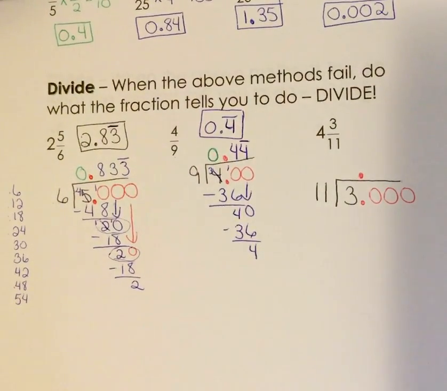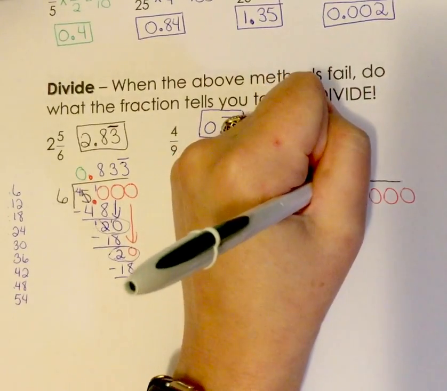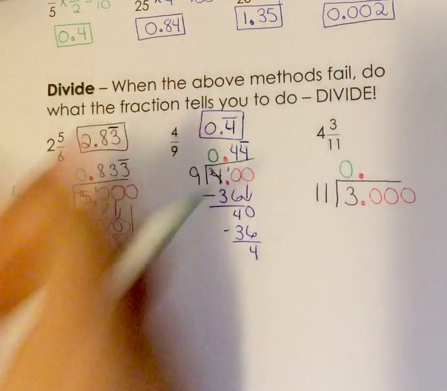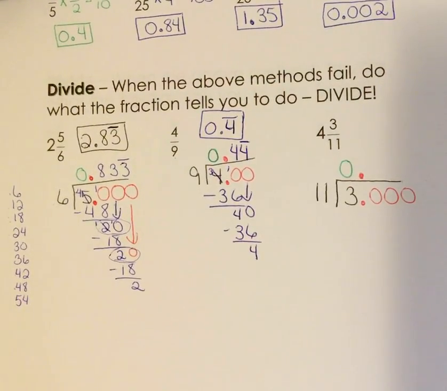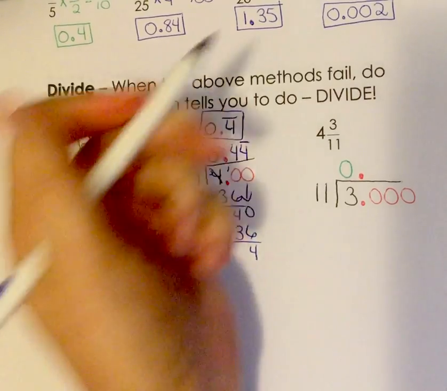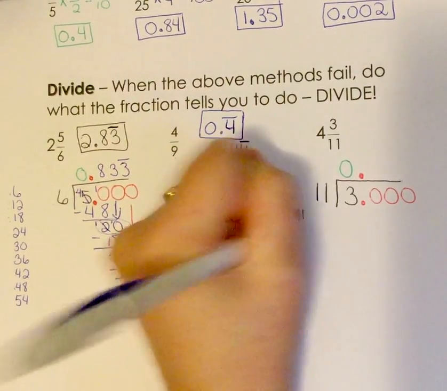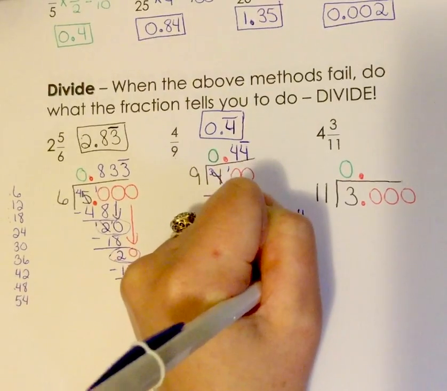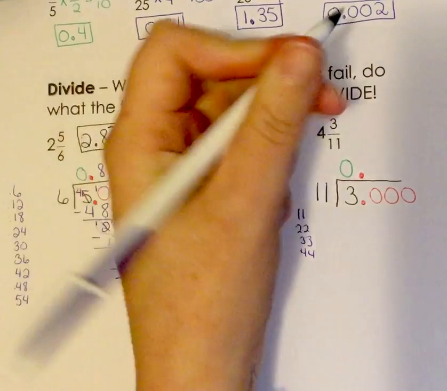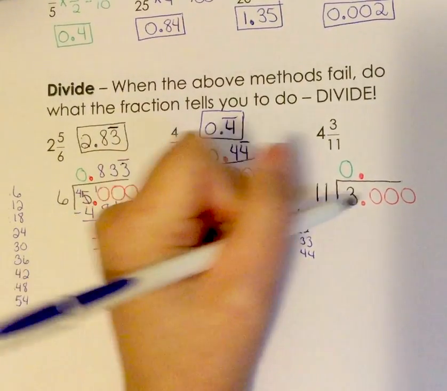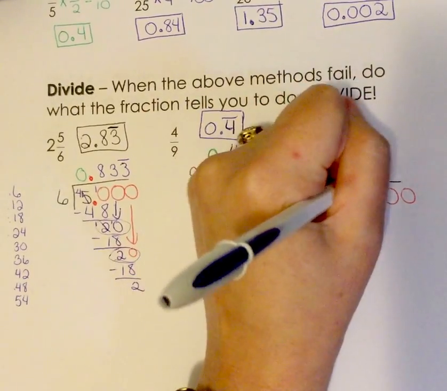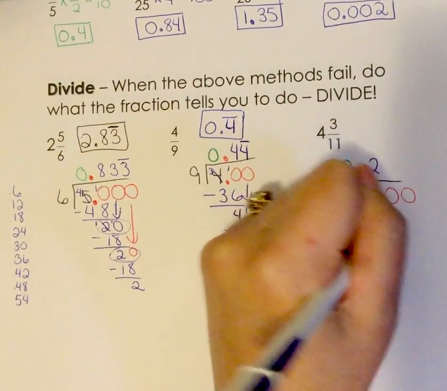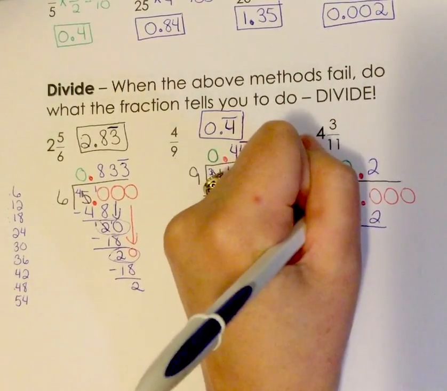We can't make 11 out of 3, but we can make 11 out of 30. So 11 times 2 is 22, 33, 44, etc. 11 times 2 is probably the easiest way to go with this. So 11 times 2 is 22. Regroup, subtract.